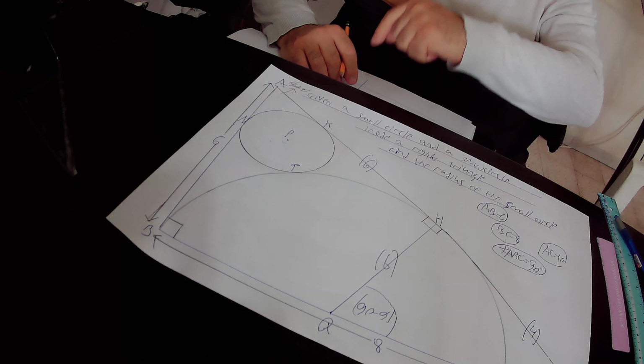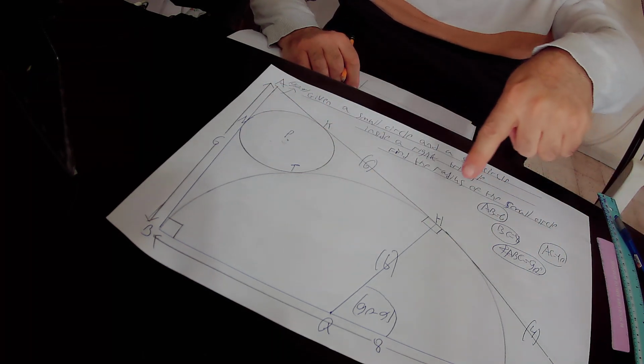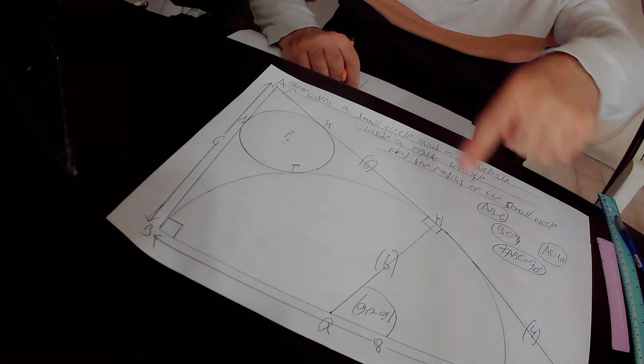In the next step, we prove that the big right triangle, triangle ABC, is similar to this small right triangle, triangle HQC. So I write it down.